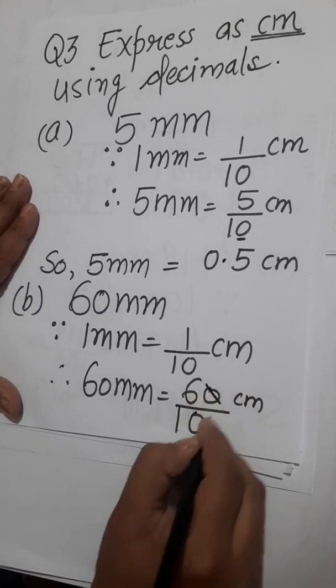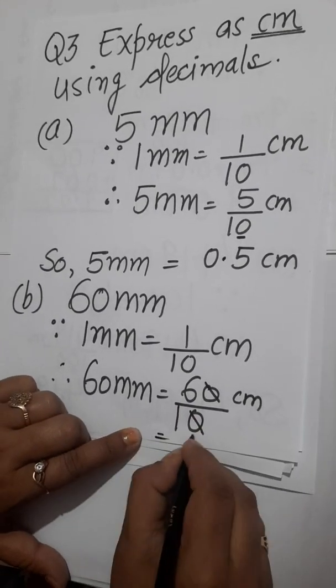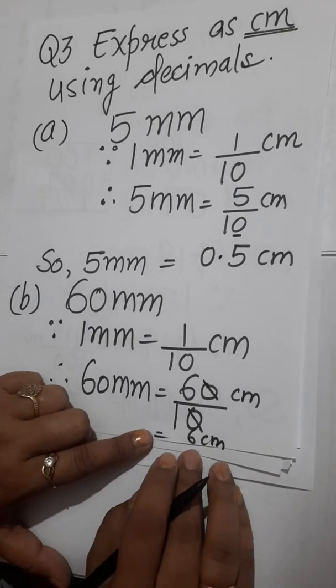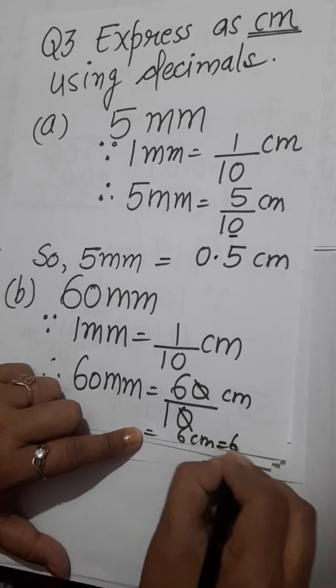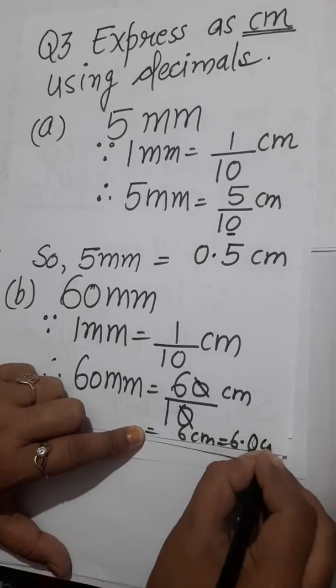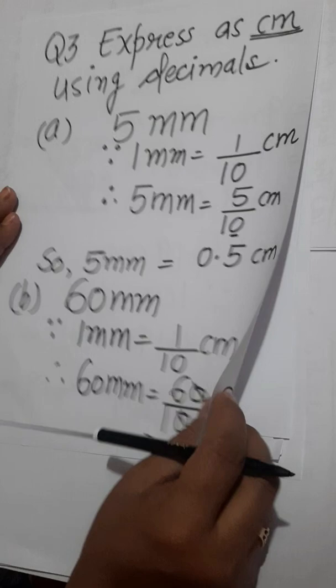Now cancel this 0 with this. Now you have 6 centimeter. In this case you have no decimal, so you can also express it like 6.0 centimeter. So this is your B part.